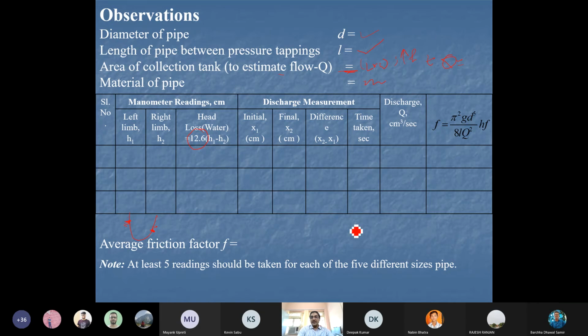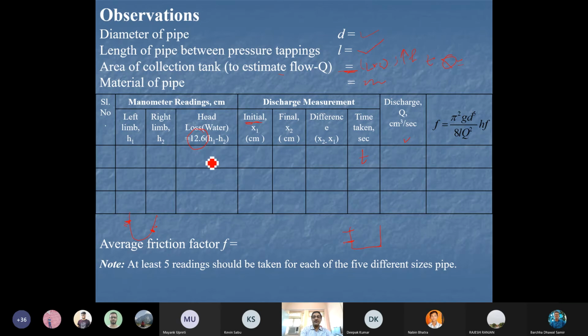Then in the collection tank, the tank size we know. We simply record the initial height of water in the tank and the final height of water in a particular time t to find the discharge.